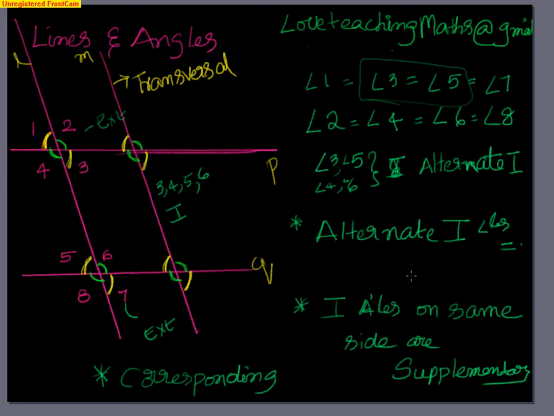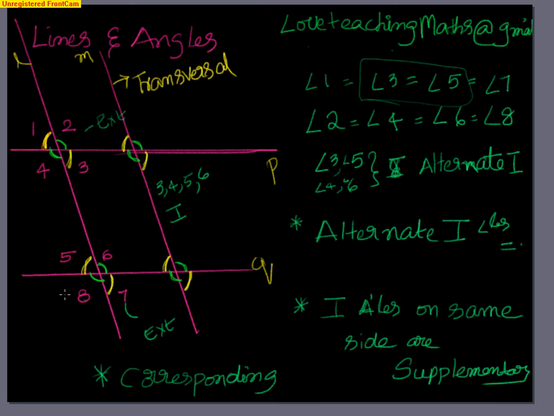Interior opposite angles are equal, and also you can see that interior angles on the same side are supplementary, because if I have 4 and 5, I can take 4, which is equal to 8 because 4 and 8 are corresponding angles. So 5 plus 8 is 180 degrees. So I say interior angles on the same side are supplementary.